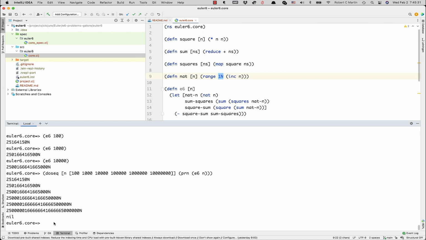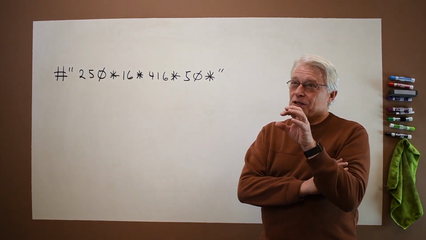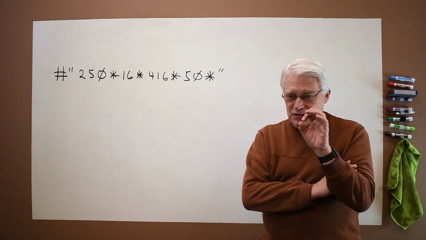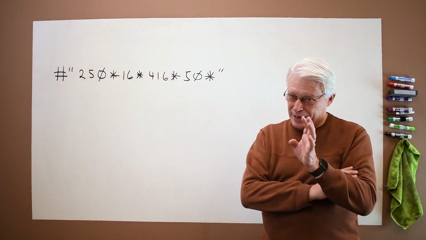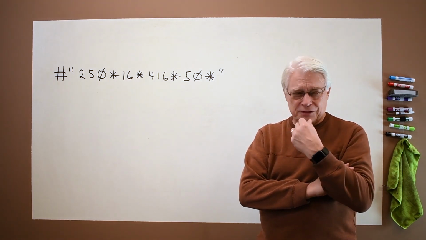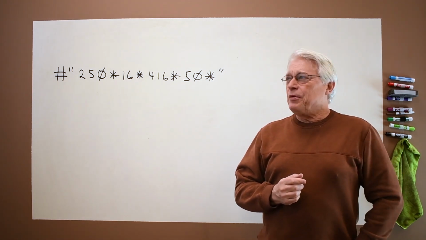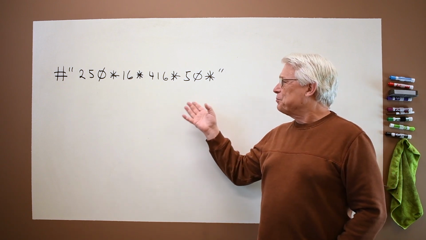Now, why? Why indeed? I mean, the difference between the sum of the squares and the square of the sum of the first n natural numbers, where n is a power of 10, appears to match this regular expression.